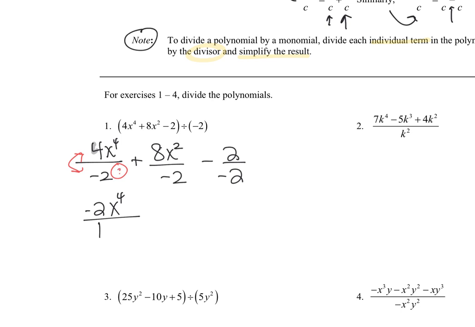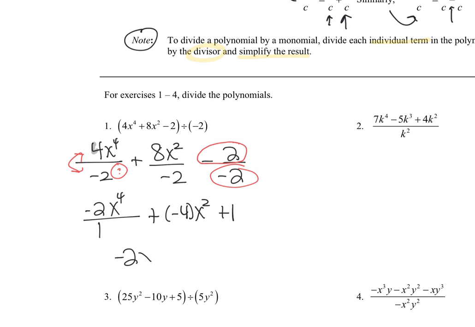All right, so I'm going to move on to the next term. Plus 8 divided by negative 2 makes a negative 4. And then I still have nothing to divide that x squared by, so it'll stay there. And then this negative, you can hook it with the 2. You could say a negative 2 divided by a negative 2, and that would make a positive 1.